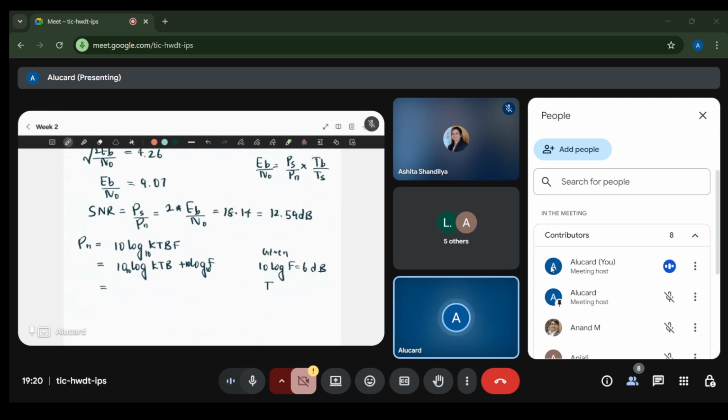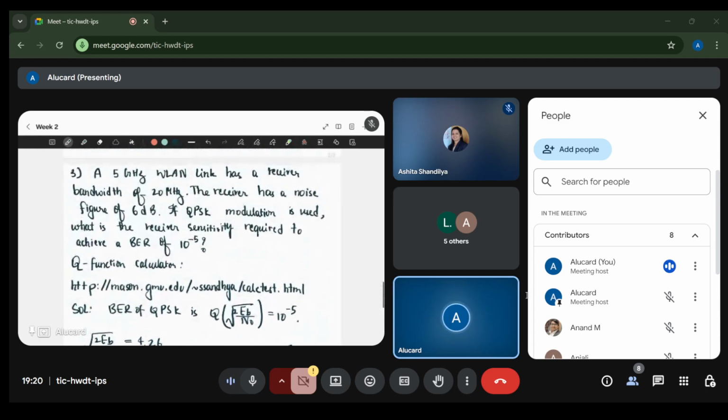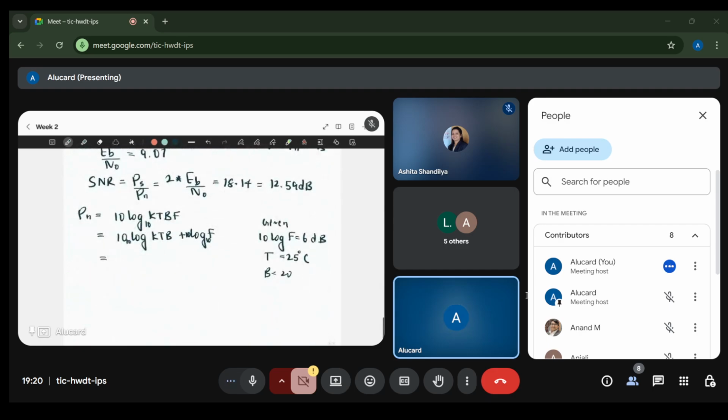Yeah, we'll just assume it's room temperature. And then bandwidth is given as 20 megahertz. So you plug in all the values, you will get the noise power to be minus 124.82 dB watts.